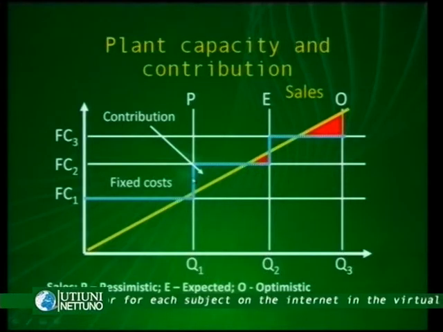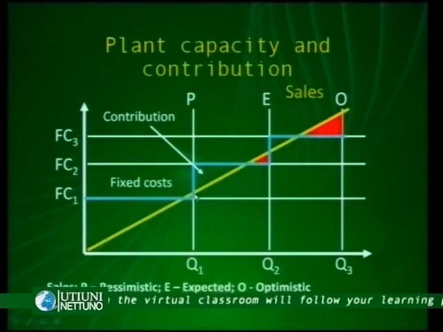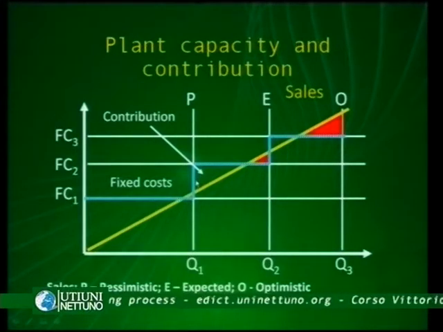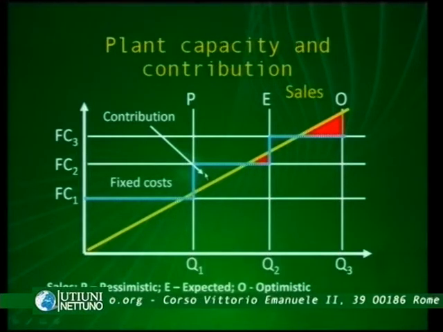So the difference, this triangle here between the yellow line of sales and the blue line of the fixed cost, is negative. So in such a scenario, sales are not sufficient for covering the fixed cost.